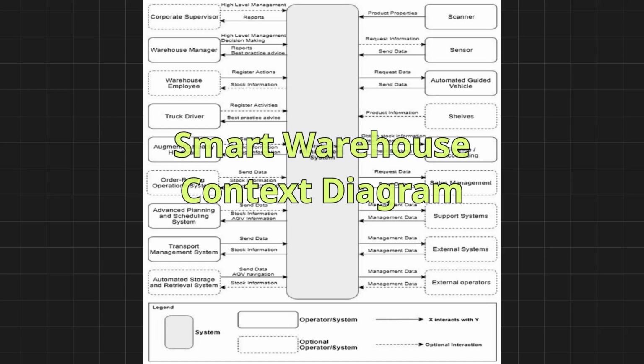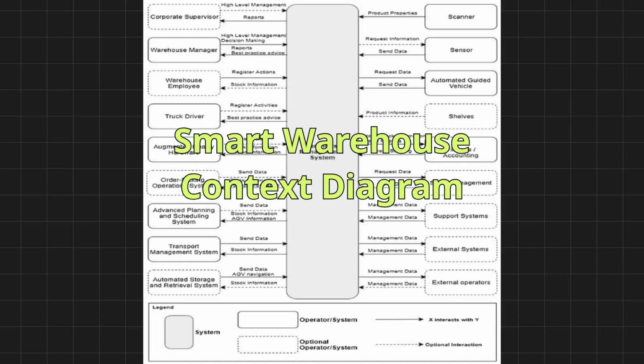Architecture design of smart warehouses needs to consider various viewpoints. In the following context diagram for a smart warehouse, the warehouse management system serves as the central hub, orchestrating the core operations of receiving, storing, picking, and shipping goods.